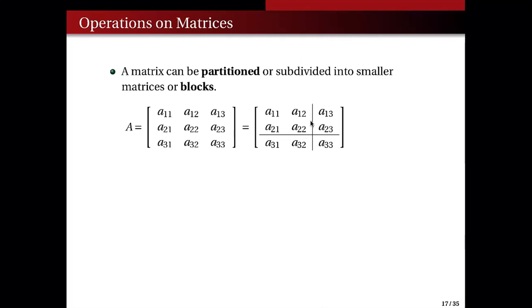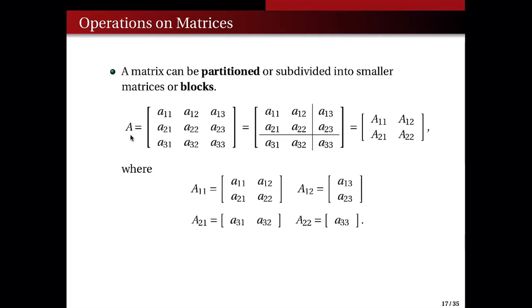So A is partitioned into this. And you can write A as follows: capital A11, A12, A21, A22. So it looks like a 2 by 2 matrix, but the entries of this matrix are also matrices.